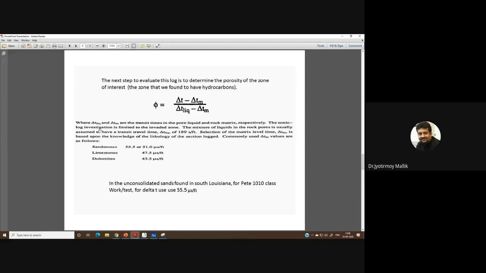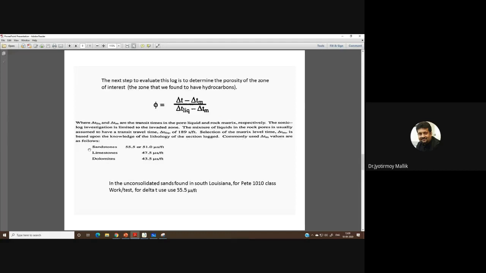The sonic log investigation is limited to the invaded zone. The mixture of liquids in the rock pores is usually assumed to have a transit time, delta T liquid, of 189 microseconds per feet. Selection of the matrix transit time delta Tm is based upon knowledge of the lithology of the section logged.